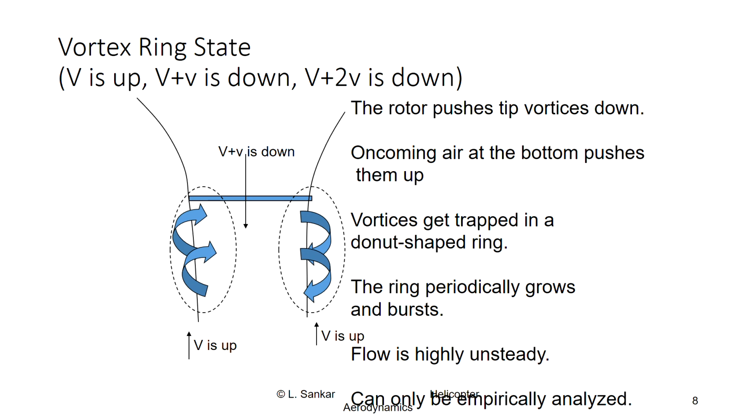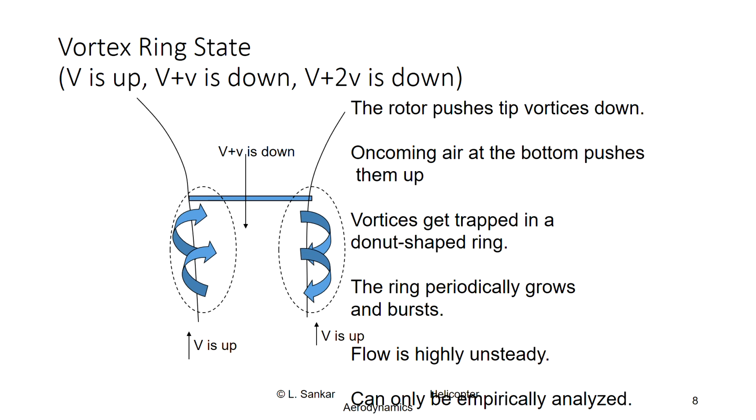So what happens is these vortices get trapped underneath the rotor disc, forming a donut-like structure. We call this donut-like structure a vortex ring. Inside this ring are the tip vortices, and tip vortices are continuously being generated by the rotor. Therefore, this donut ring-like structure will grow in size like a balloon, slowly expanding.